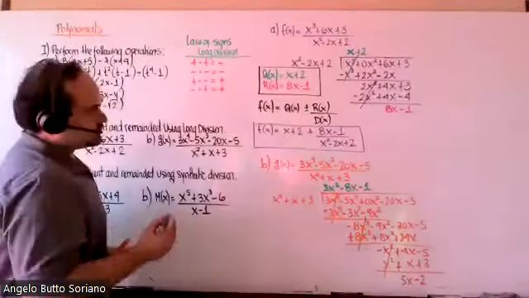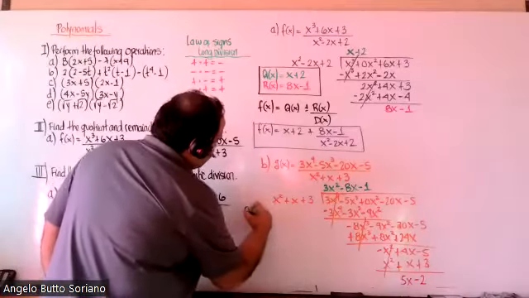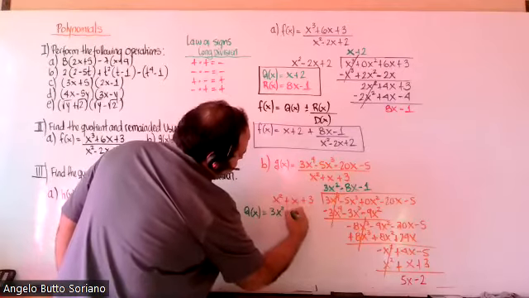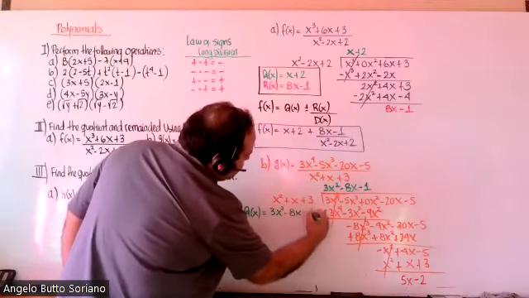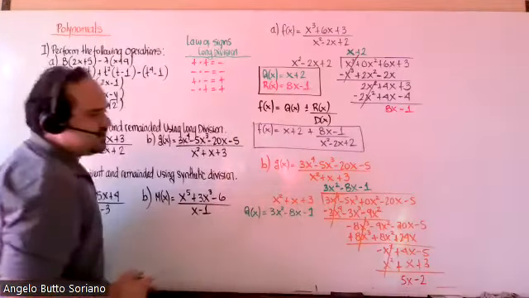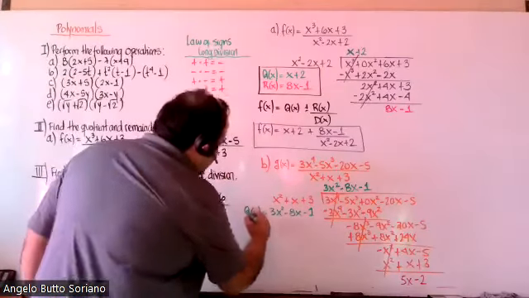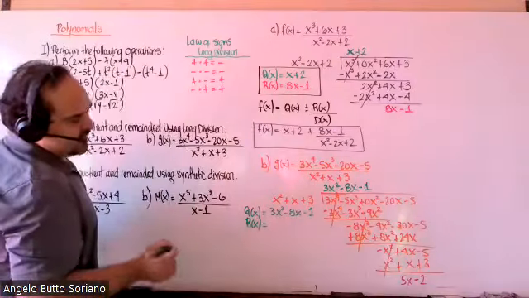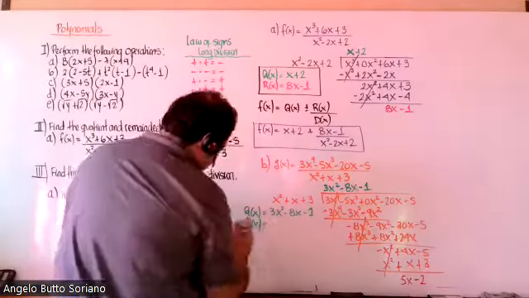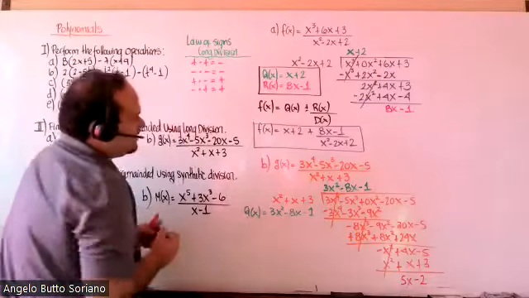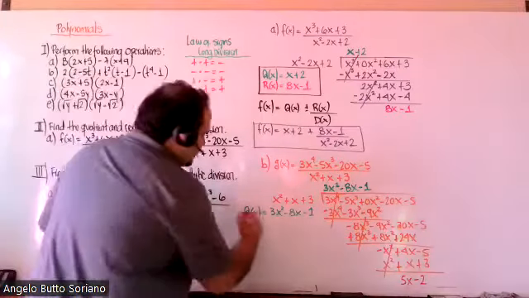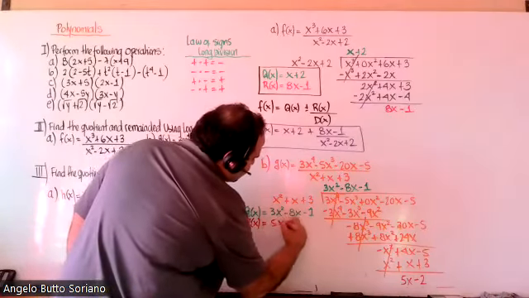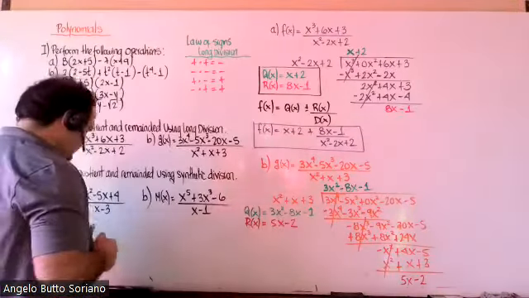Remember, the quotient will be the green number, I mean, 3x squared minus 8x minus 1. And the remainder, R(x), will be given by the red one. R(x) will be given by 5x minus 2.